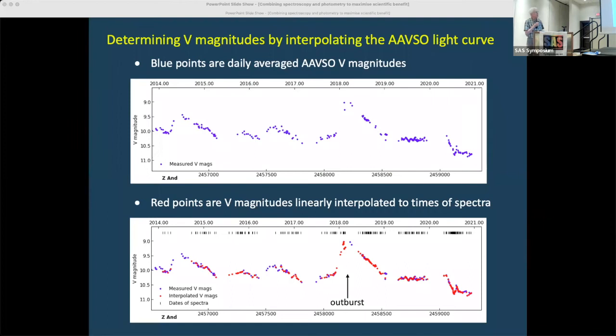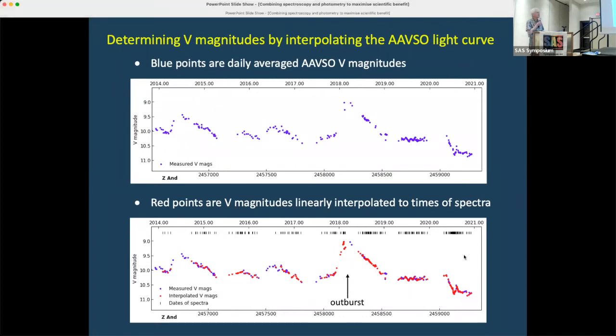And in the bottom slide, what I've done is linearly interpolate between the daily average V magnitudes to the times of the spectra we have in the database. And the little ticks along the top show you when spectra are available from the start. And an area of particular interest is where there was an outburst just at the beginning of 2018, which I'll explain in more detail on the next slide.